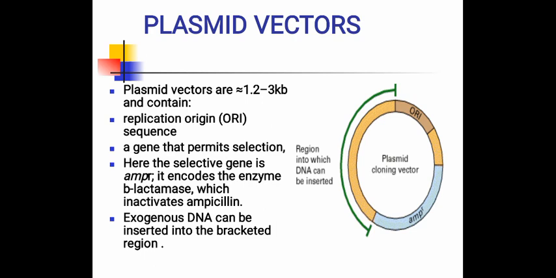That region is called ORI, or origin of replication sequence. A gene that permits selection: here the selective gene is AmpR. It encodes the enzyme beta-lactamase, which inactivates ampicillin. Exogenous DNA can be inserted into the bracketed region.